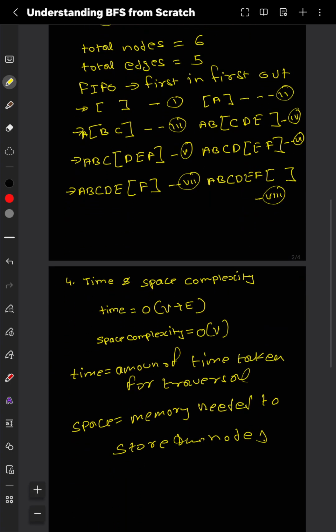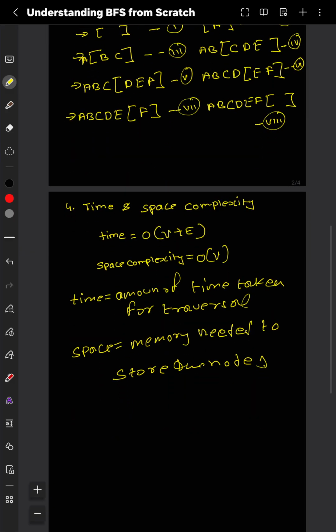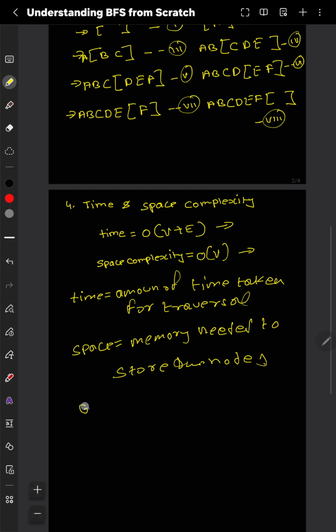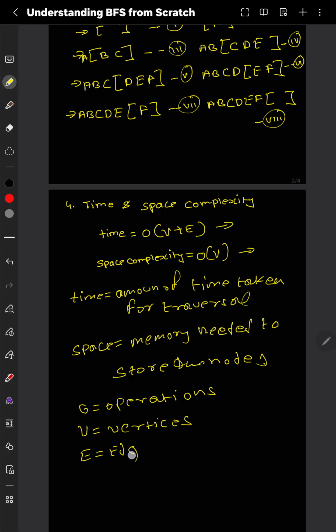So here the time complexity formula is O(V + E), and space complexity is O(V). O stands for operations, V is equal to vertices, that is your nodes, E is equal to edges, that is your relationships.